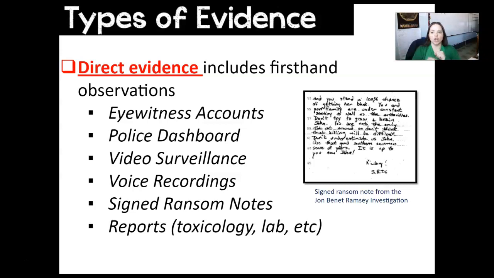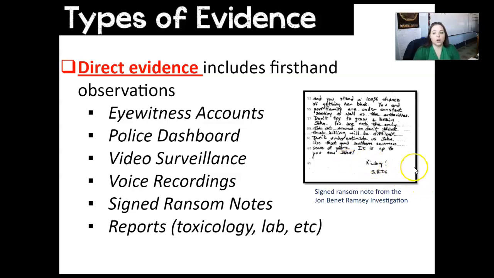That person saw the other person. Police dashboard or police cams on their chest, that connects that person because you can see that person directly. Video surveillance, voice recordings, signed ransom notes, reports like toxicology, lab, and etc.